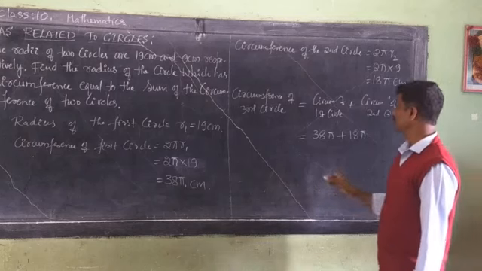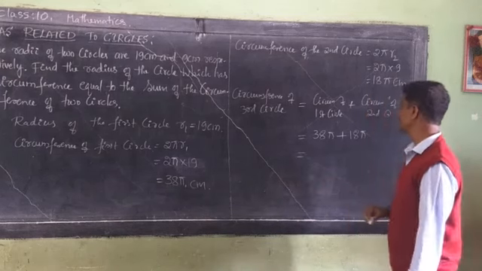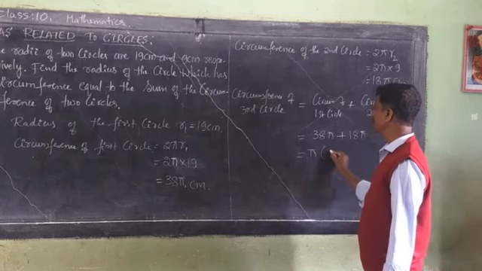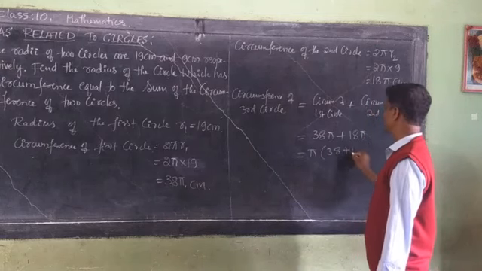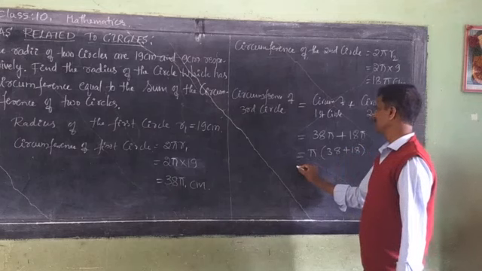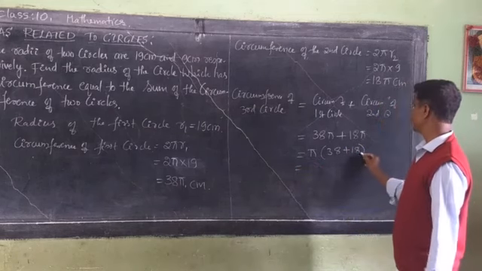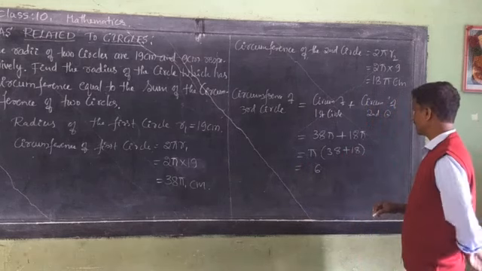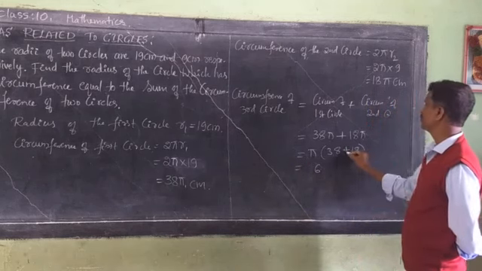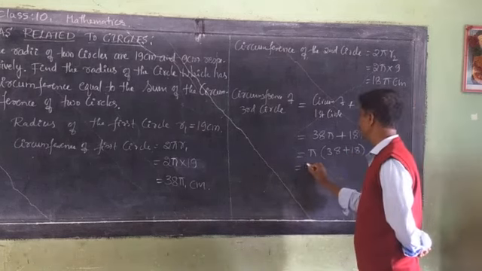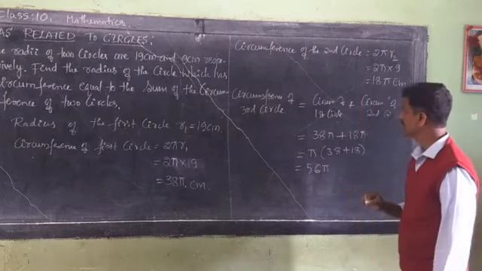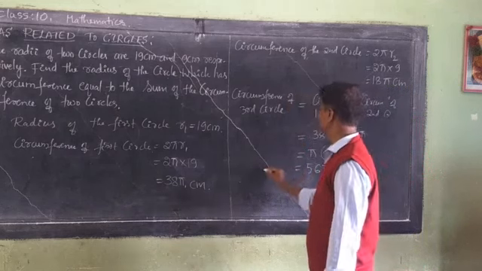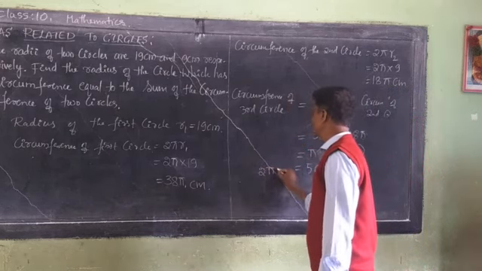Therefore, total is, we take pi as common factor. Pi of 38 plus 18. 8 plus 8, 16. 1 carry, 1 plus 1, 2, 2 plus 3, 5. 56 pi. The circumference of the third circle is 2 pi r.